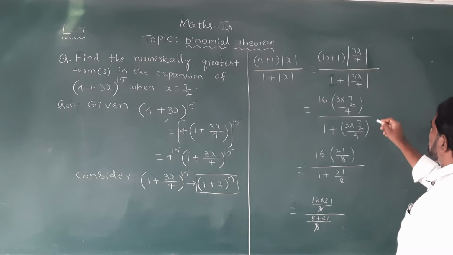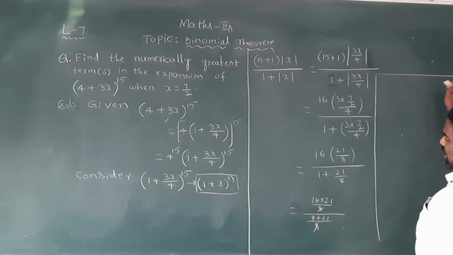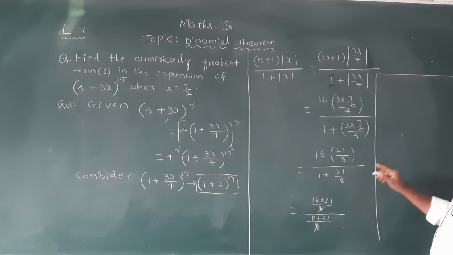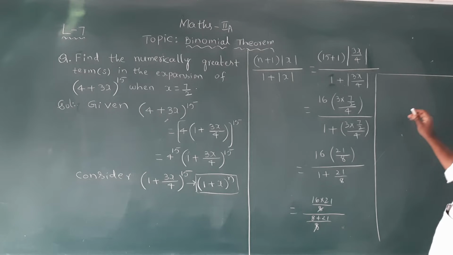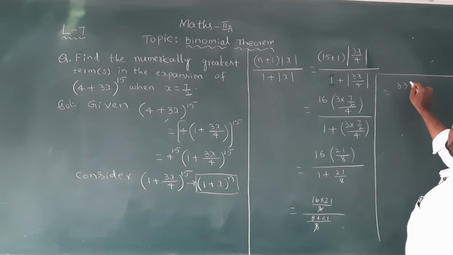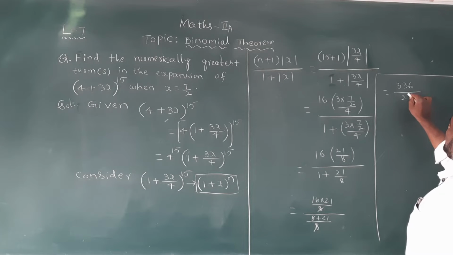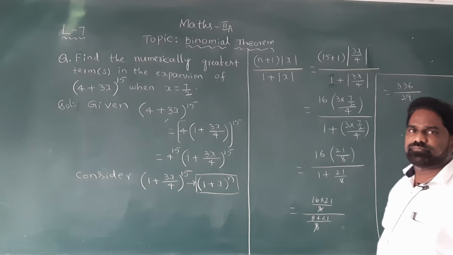8 gets cancelled. What will come here? It will come as 16 into 21. Listen, 16 into 21 is 336. So this is 336 by 21 plus 8, 29.